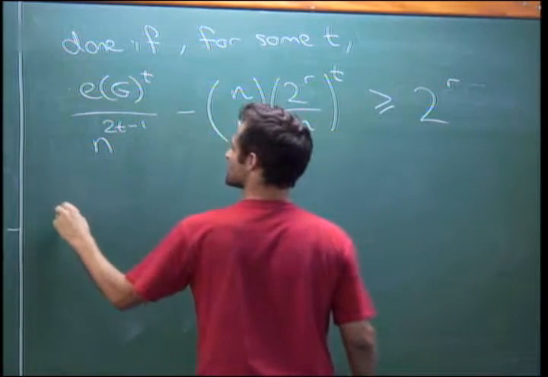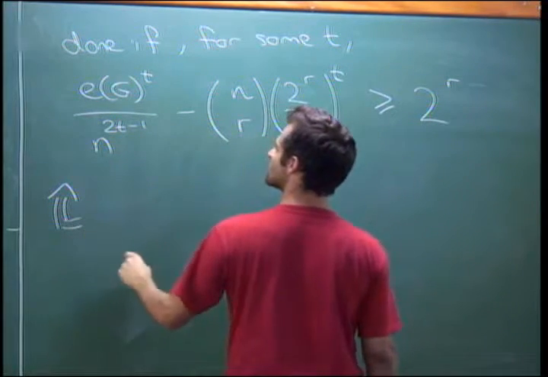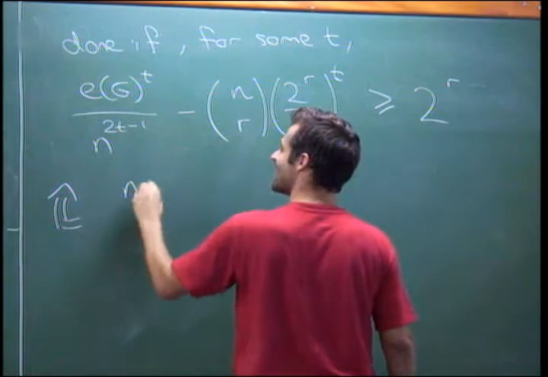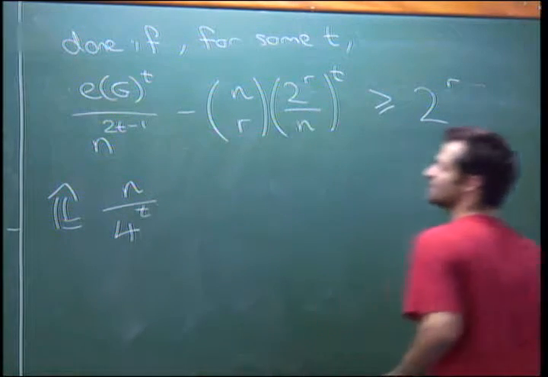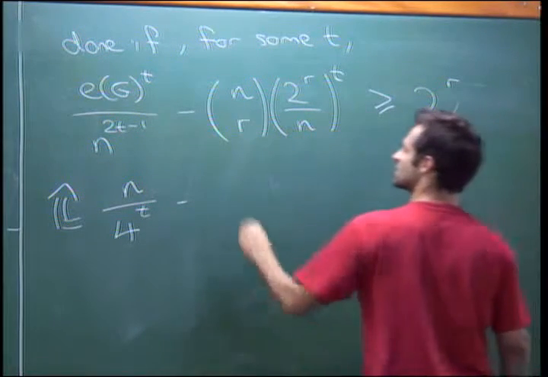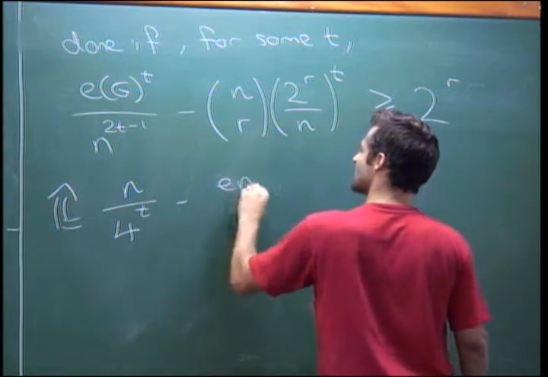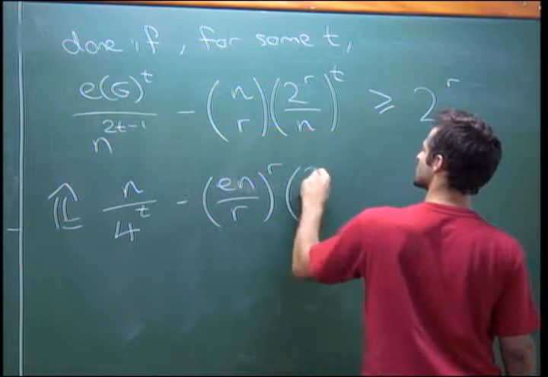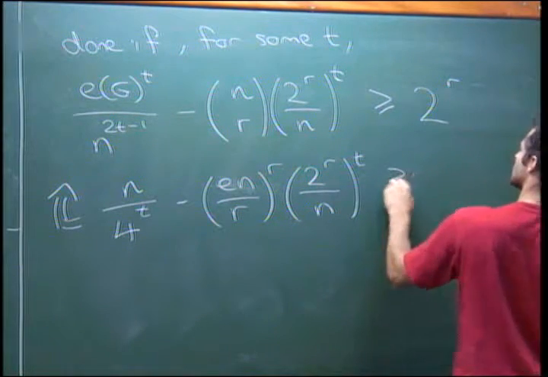So this would be implied by, let's see, n over 4 to the t, minus, this is at most, en over r to the r times 2 to the r over n to the power t, is at least 2 to the r.